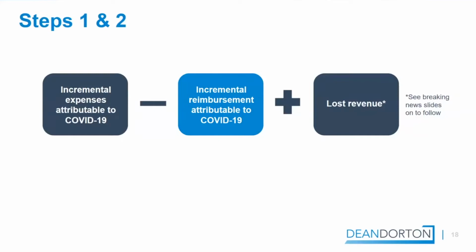And those can only be incremental expenses to what you would typically spend. So you take your incremental expenses attributable to COVID-19, you subtract any incremental reimbursement you may have received for those expenses, and then you add to it your lost revenue, and that's your total amount that you can use. Hopefully, it's all of the funds you received that you're not sending back.